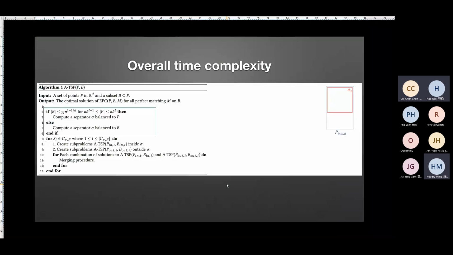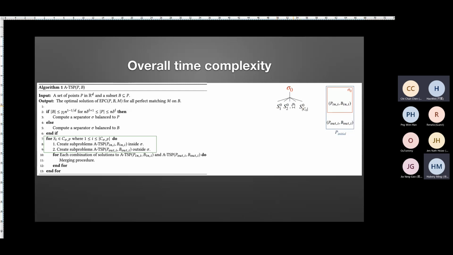So let's discuss the overall time complexity, beginning with the first recursion. First, we make a separator sigma 0 that could partition the set of points into two parts. Then we use a recursion tree to discuss these problems.